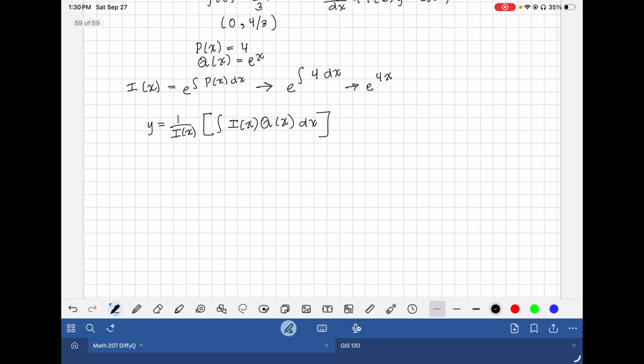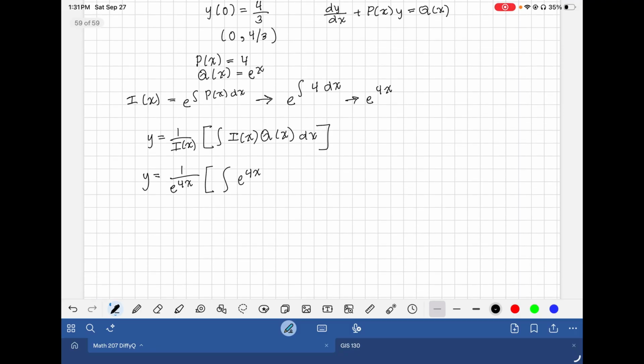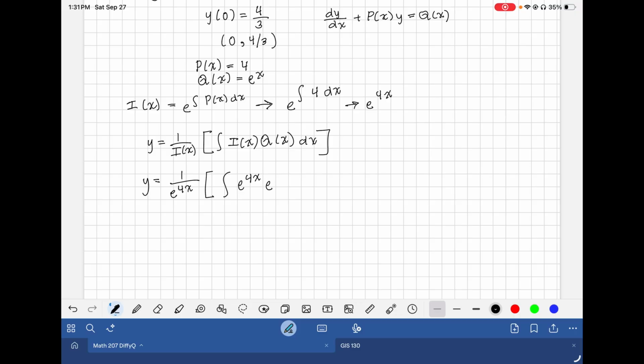So now that we have that, we can write 1 over e to the 4x times the integral of e to the 4x multiplied by e to the x dx.